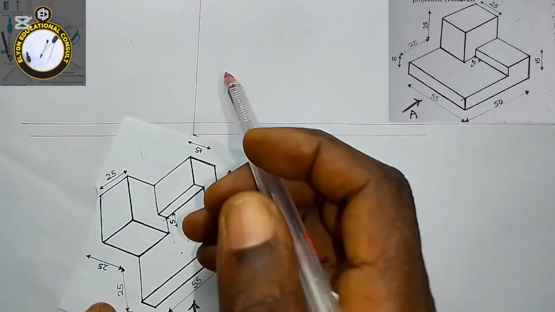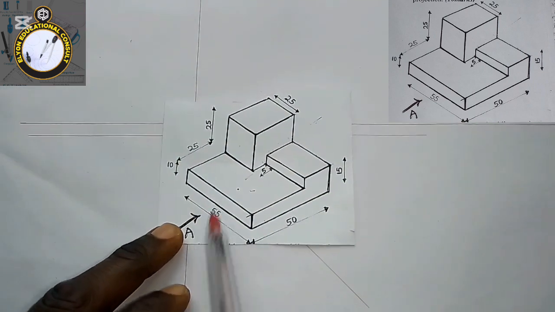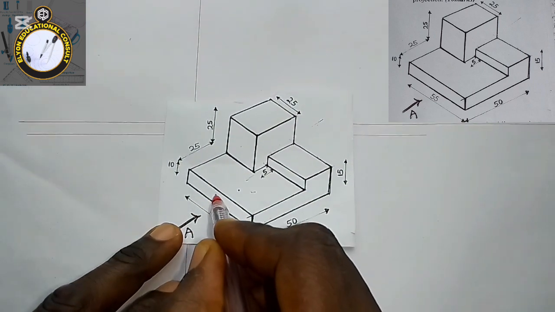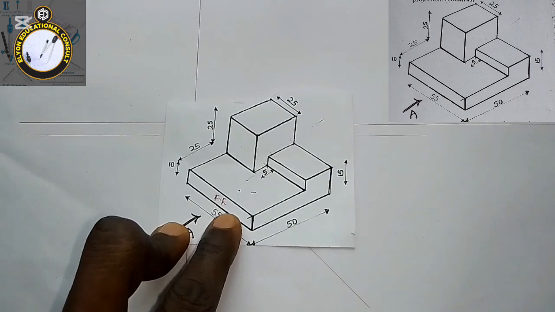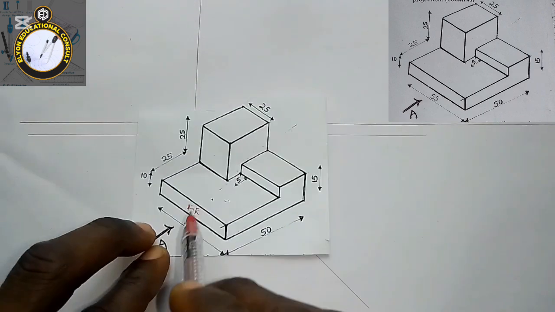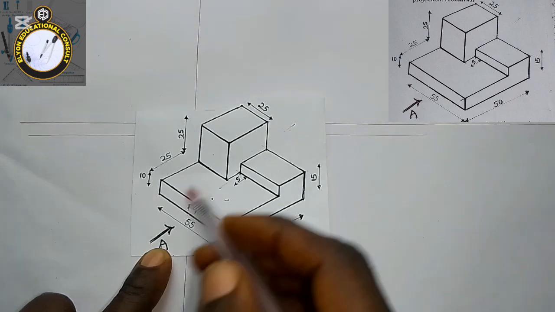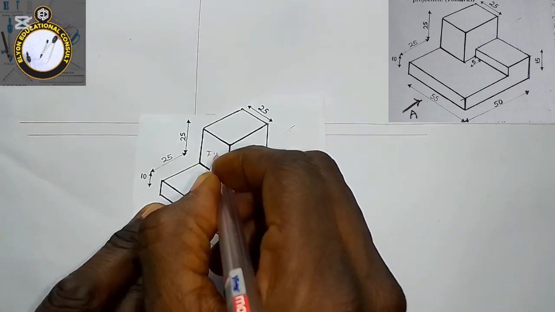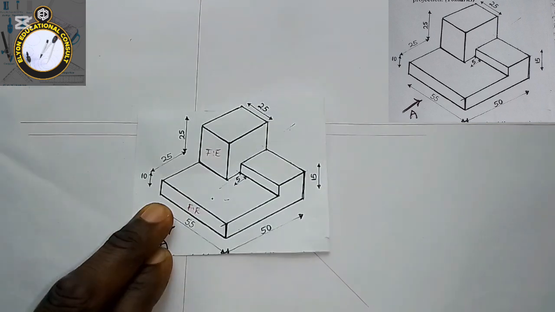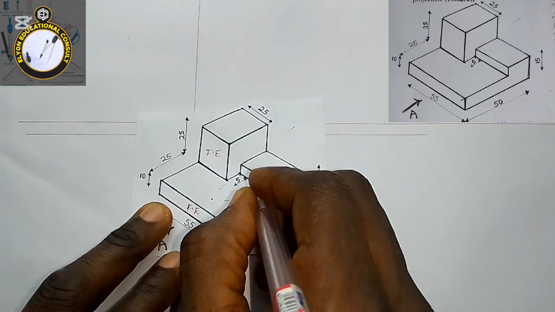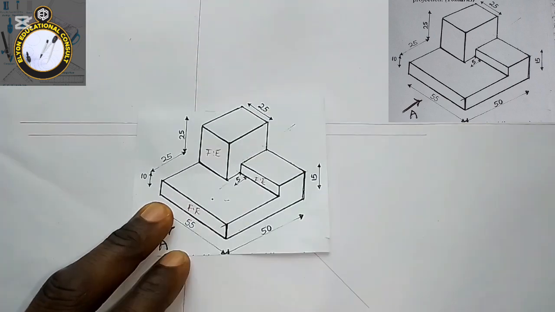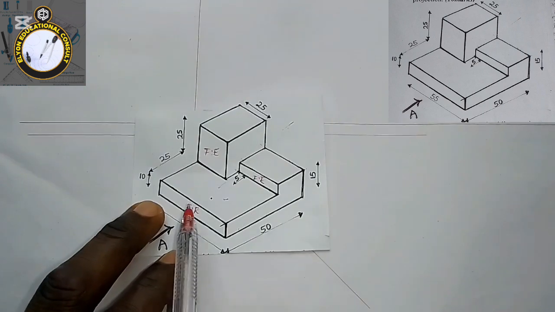When we look at this part now, we are going to be seeing this part. If we call this side our FE, the front elevation, then it's like an observer is standing here looking at this diagram. So we see this side, this FE. Then we are going to see this side as well. So we have three important parts that we are going to be seeing here, here, and here. Okay, you get that now.